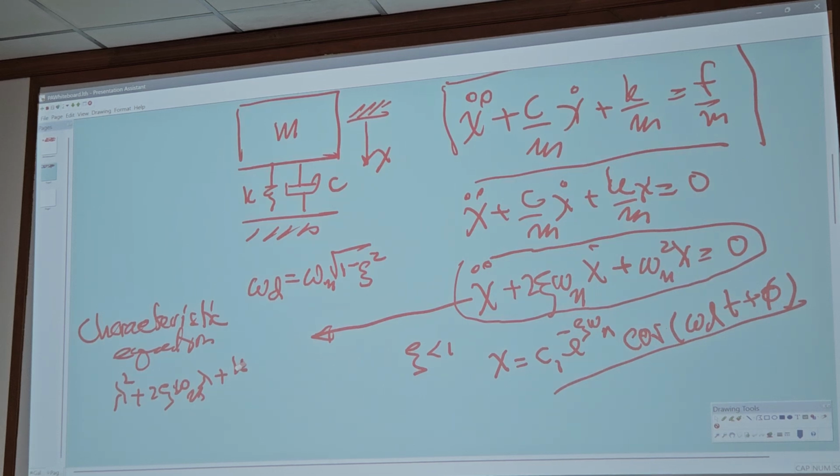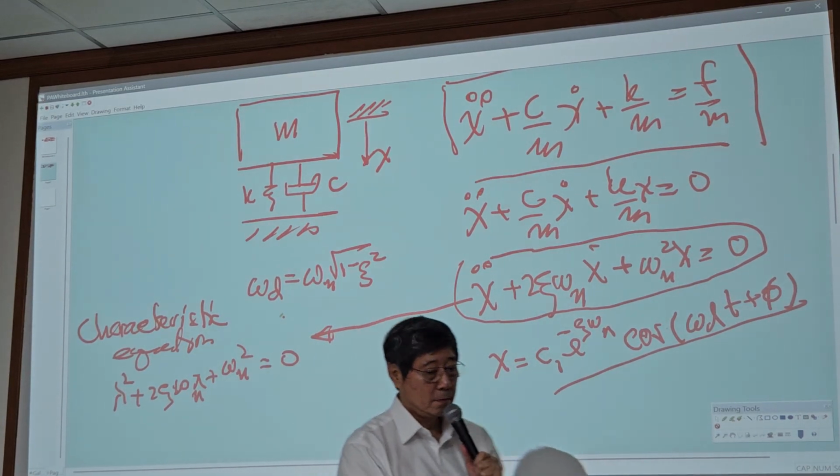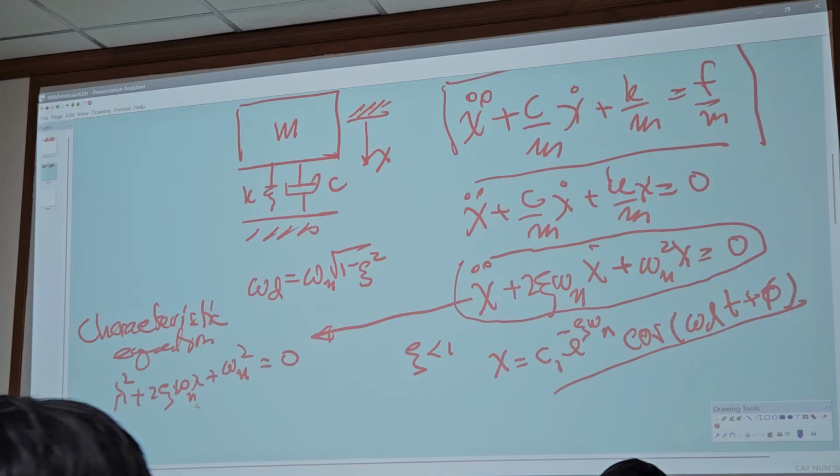So you have lambda squared plus 2 zeta omega n lambda plus omega n squared. This one, characteristic equation. See, okay?